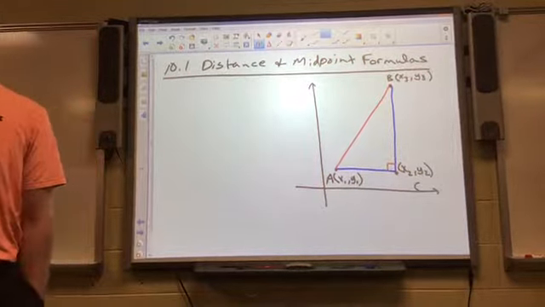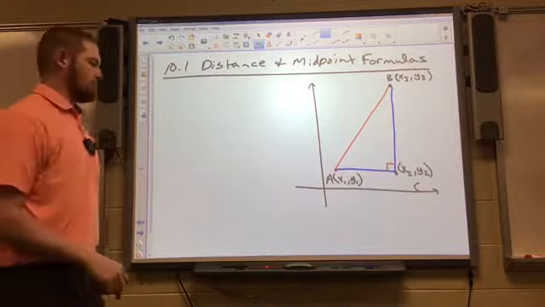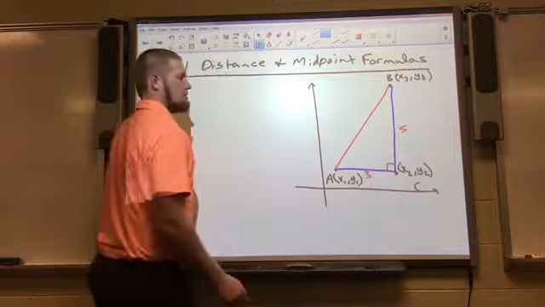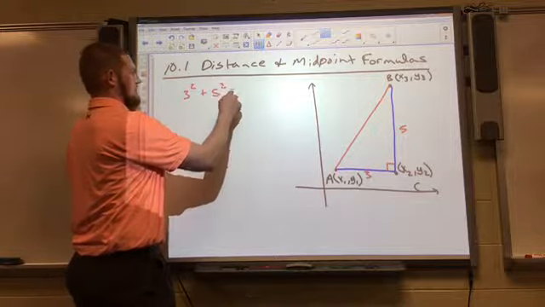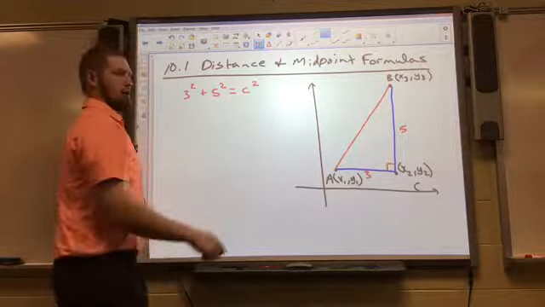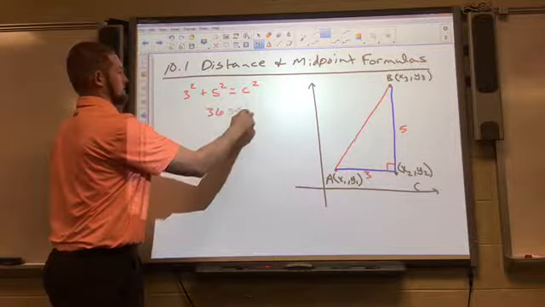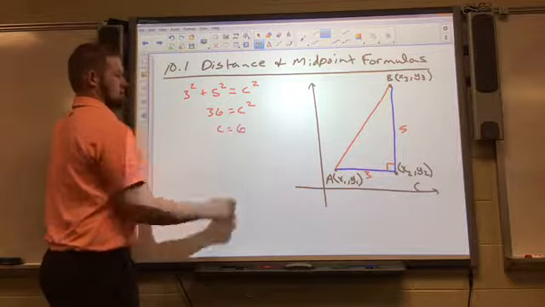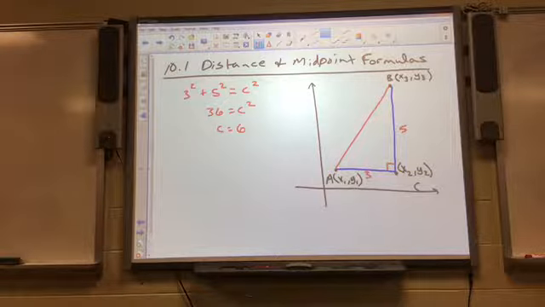Anybody remember? Yeah, Pythagorean theorem. So, if this happened to be 3 units and this happened to be 5 units, you could do 3 squared plus 5 squared equals c squared, right? Which is 9 plus 25, so 34 equals c squared. That's one way to do it.